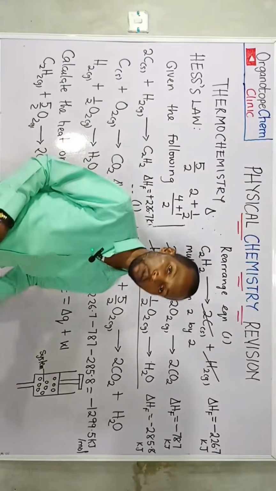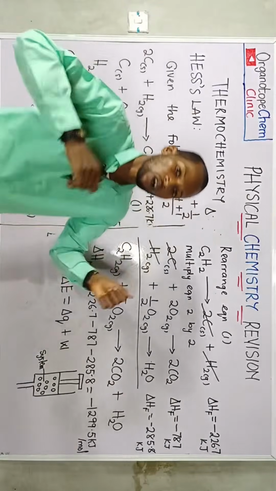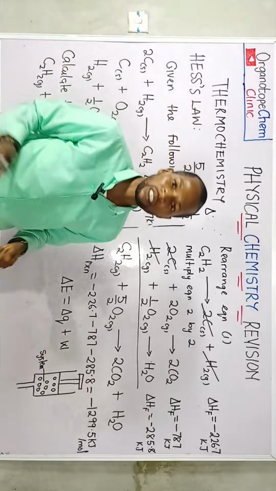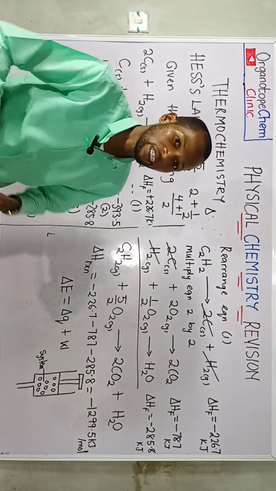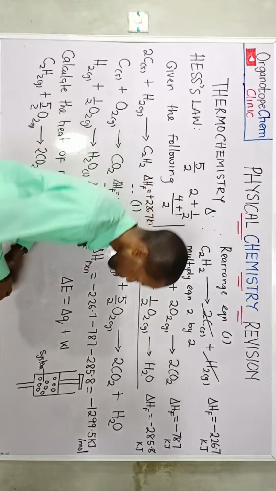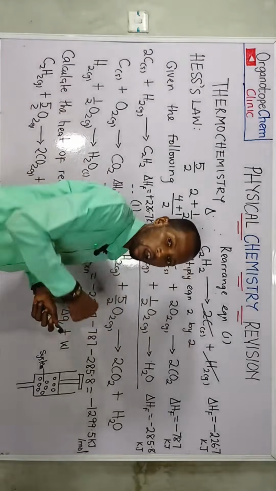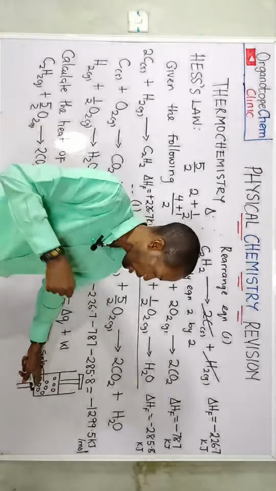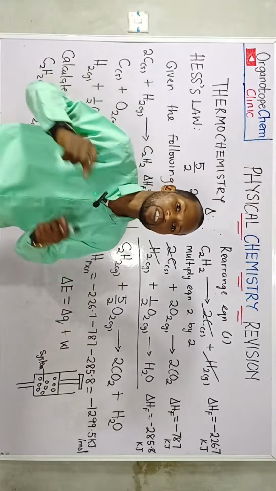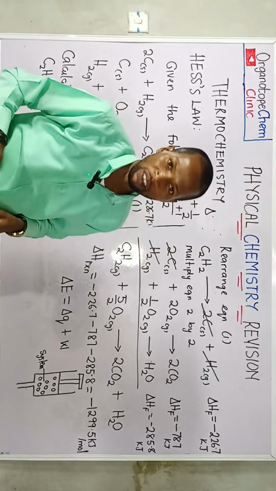So it is possible for the gas to exert pressure on the wall of its container. You know, gases are free to move, to collide with each other and on the wall of the container. And the collision is said to be what? Perfectly elastic. Now, when the gas component in this container pushes the piston outward, we tend to say that the system is doing work against the surrounding.